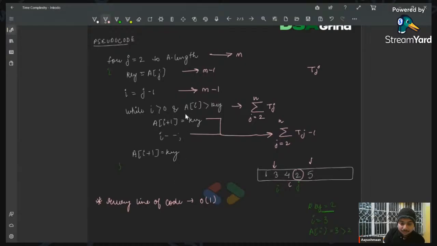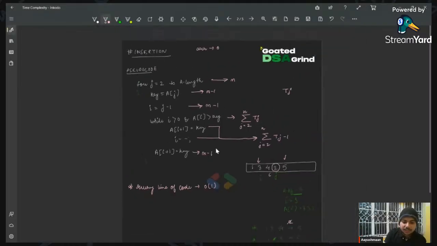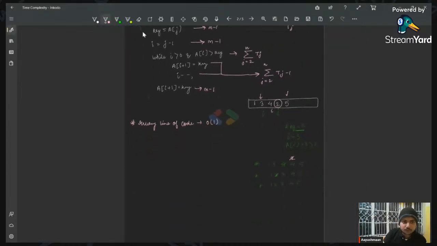Now what will be the amount of time this runs for? This is inside this loop, remember. So this runs for n minus 1, this runs for n minus 1, so this will also run for n minus 1 time.